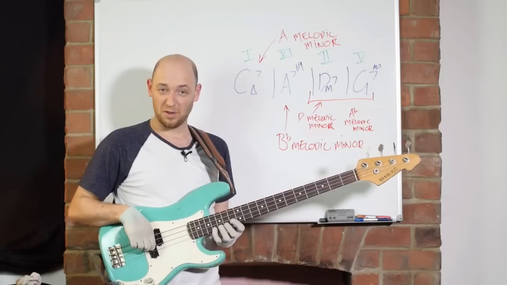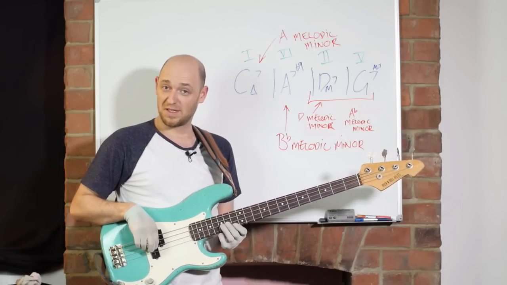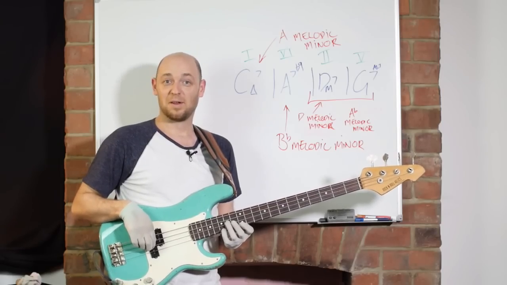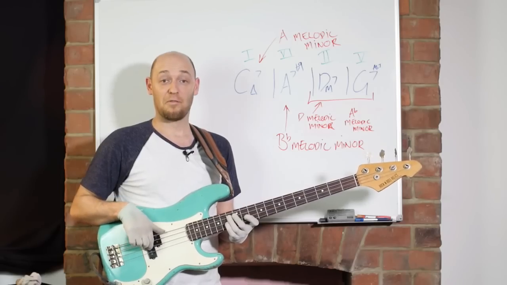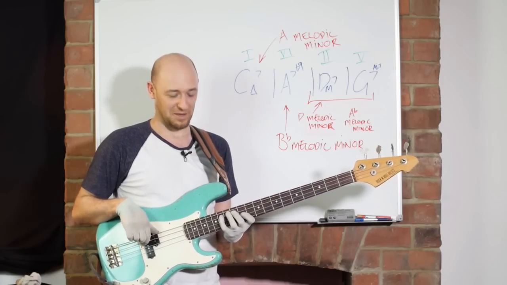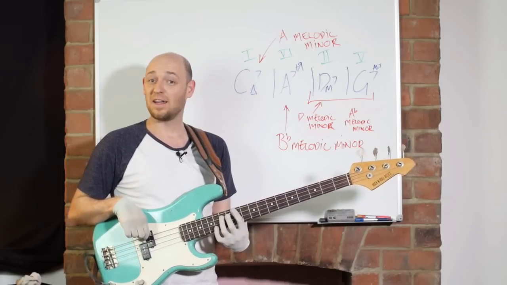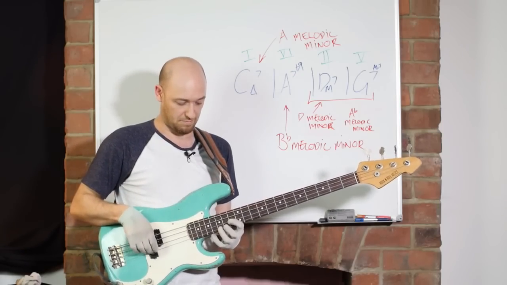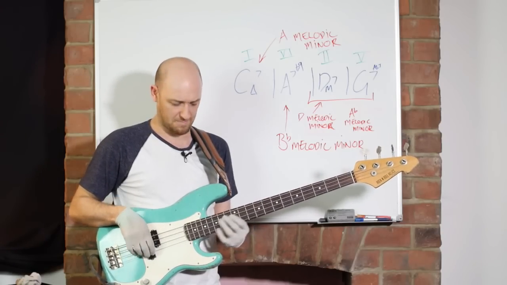So minor 3rd, natural 5, 9, root, major 7, natural 5, minor 3rd, natural 9, 4th, throwing it in for a bit of spice, minor 3rd, natural 5, 9, root. Okay?